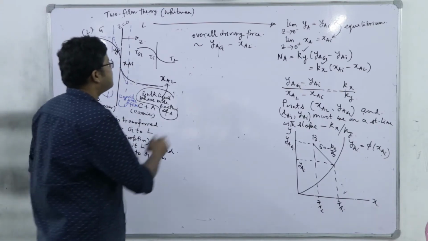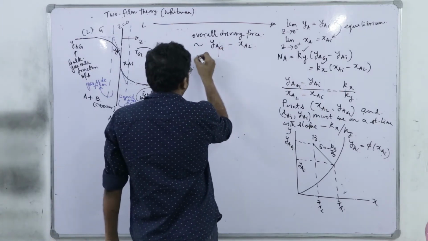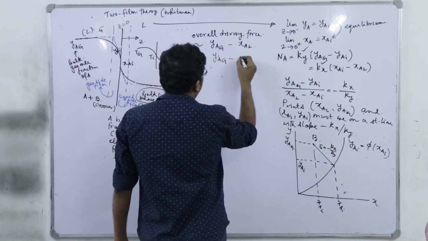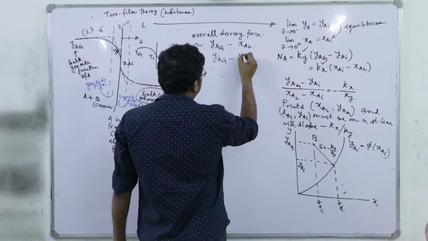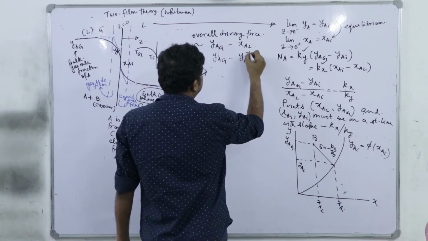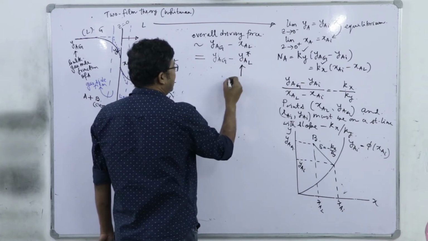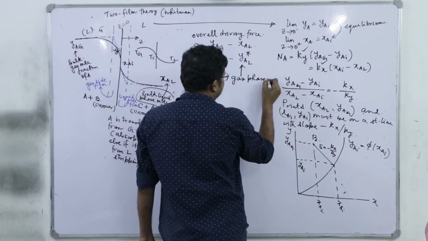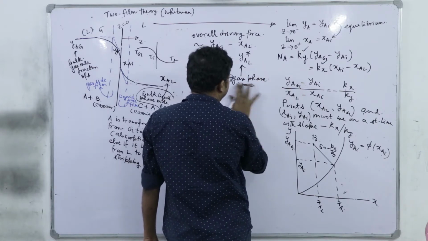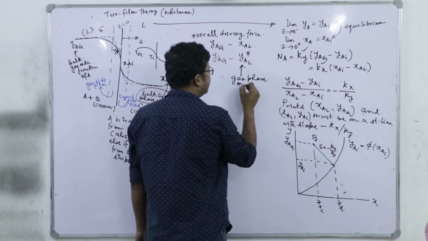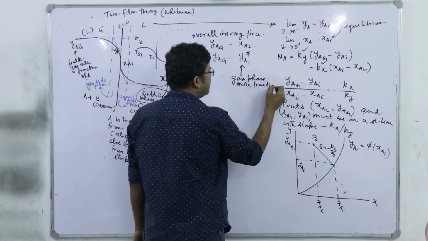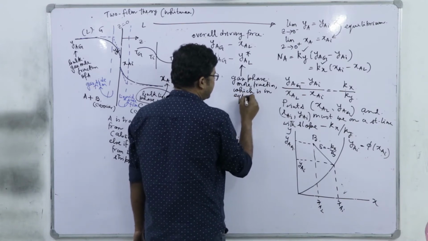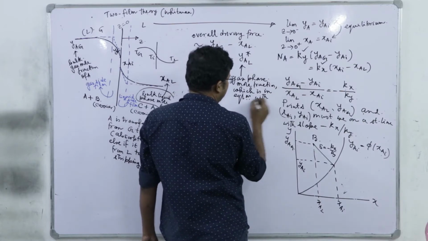So, if we replace this, we can write Yag minus Yal star, where Yal star is the gas phase mole fraction in equilibrium with the bulk liquid.